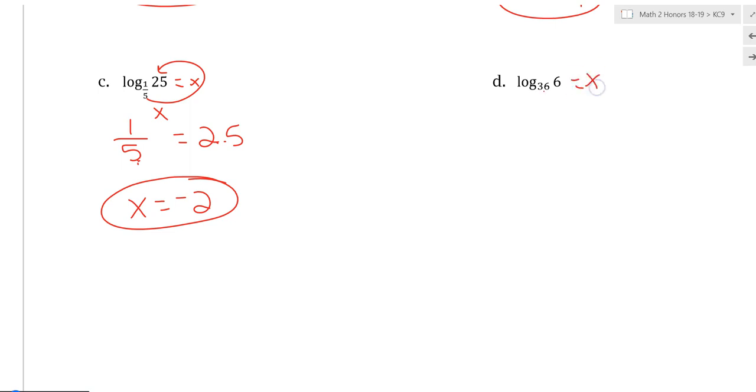Last one. 36 to the x equals 6. Well, 6, right, if I'm going down, so like, this isn't raised to this power, this one's raised to this power, right, the easiest way I think to remember is that the square root of 36 is what equals 6, and this is the same as saying 36 to the 1/2.